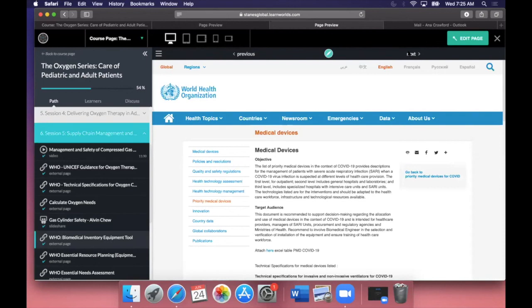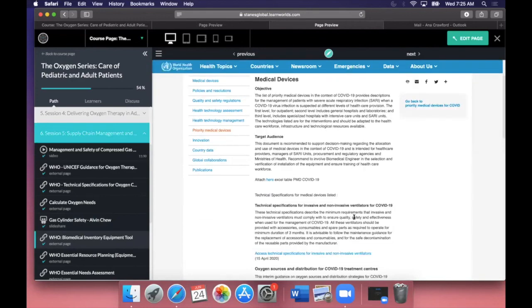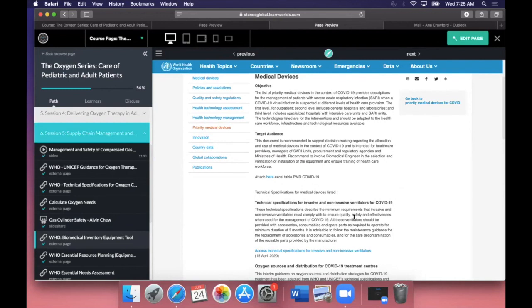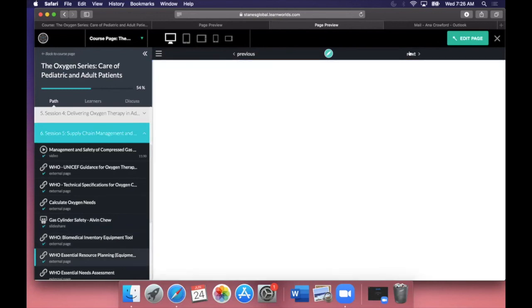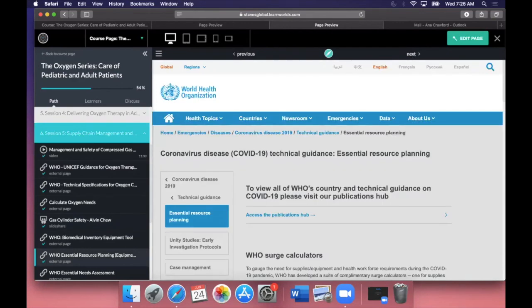Another question was about essential medications and essential devices. The World Health Organization has many resources online for this. It also has needs assessments, and can help providers link to resources for suppliers.